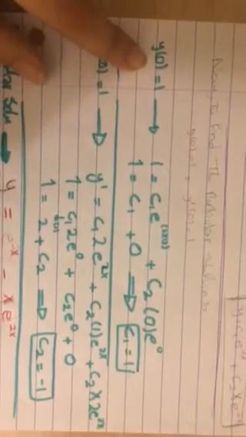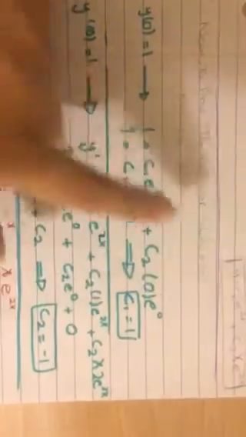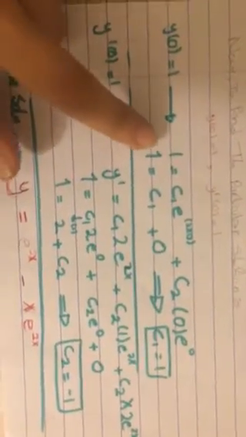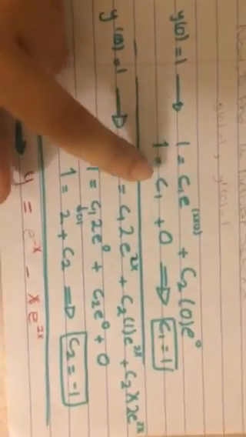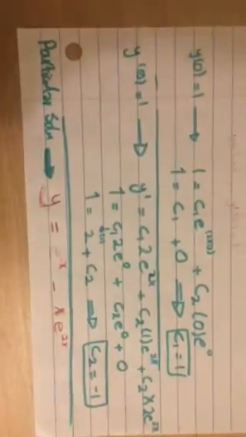So x equals 0. So this will be 1 equal to c1, because it's a constant, e to the power of 2 multiplied by 0, plus c2 multiplied by 0 because we have x here, and then e to the power of 0, which gives me 1 equal to c1 plus 0, so c1 is equal to 1.